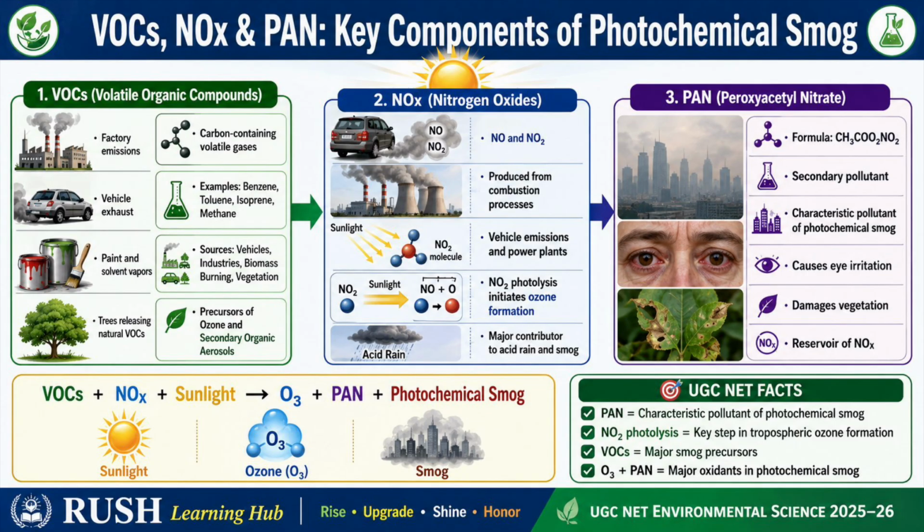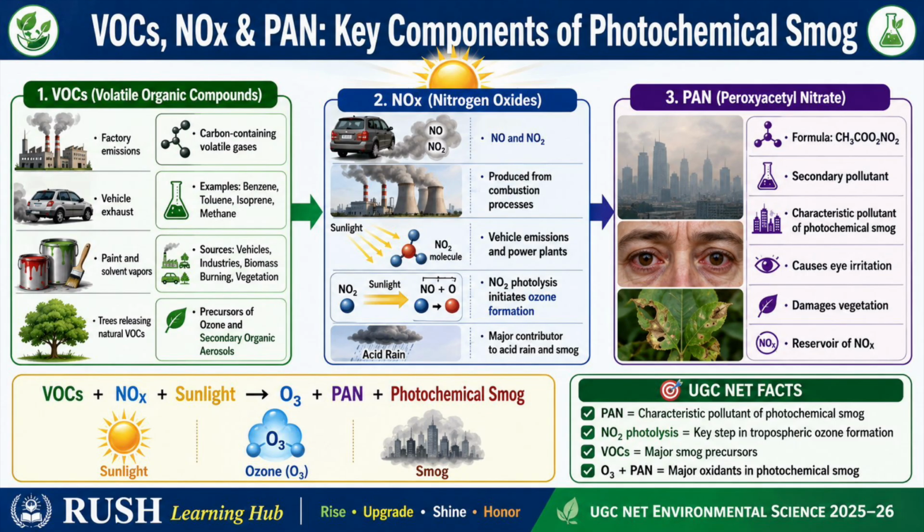It damages plant tissues, reduces photosynthesis, and decreases crop productivity. In humans, PAN causes irritation of the eyes and respiratory tract. For this reason, PAN is often considered one of the most characteristic pollutants associated with photochemical smog. For UGC NET examinations, remember, PAN is the characteristic pollutant of photochemical smog.